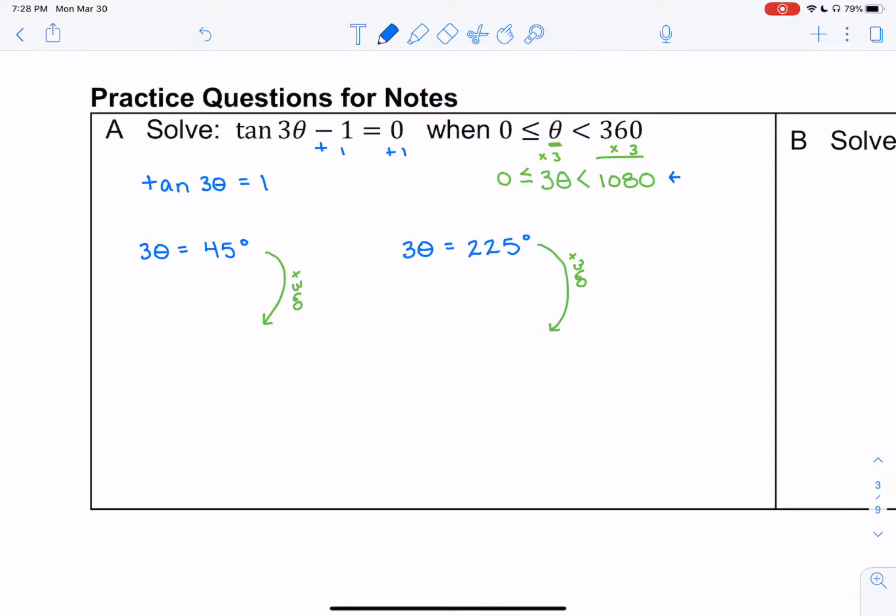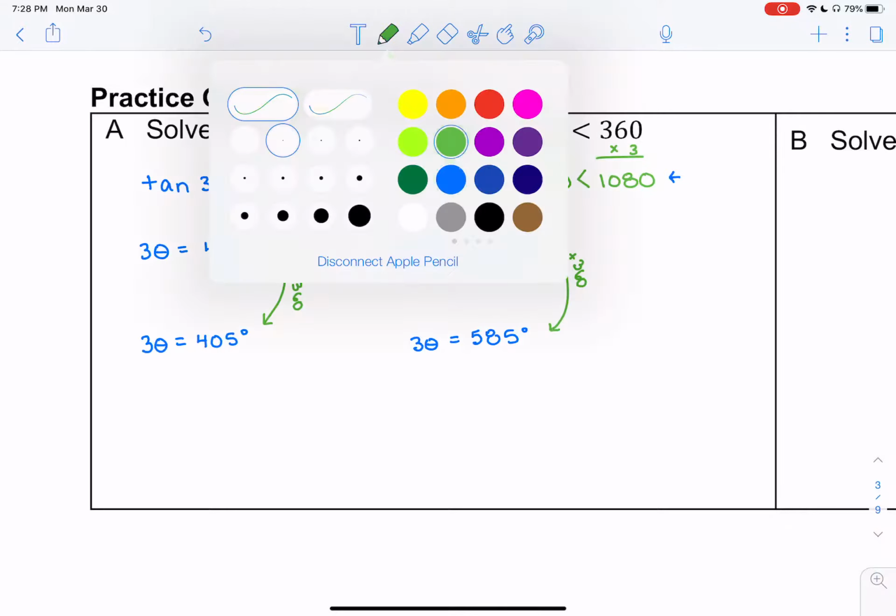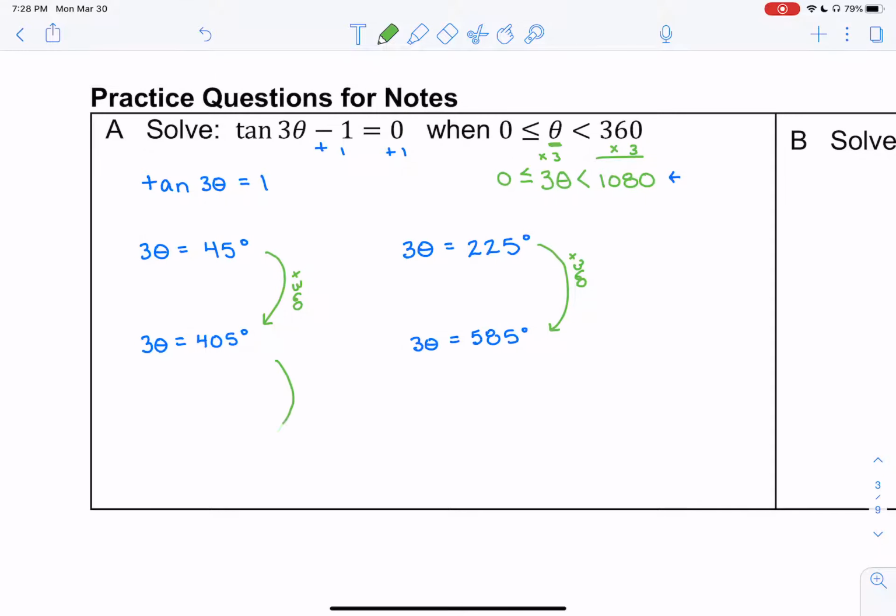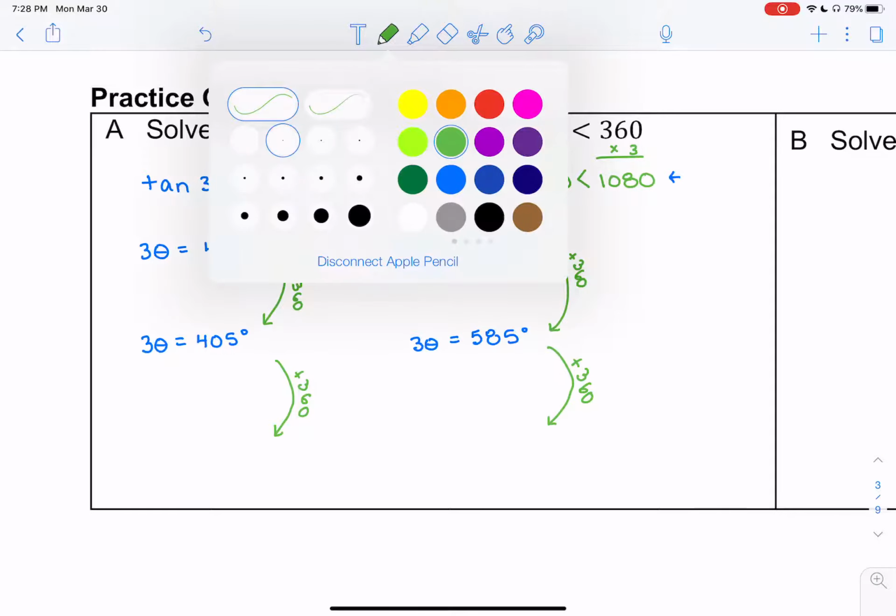So I'm going to also write that 3 theta equals 405 degrees. And it also, if I add 360, 3 theta equals 585 degrees. But that's still not enough, so I actually have to carry this out one more time. I'm going to add 360 to those solutions that I just got, and see what that gets me to.